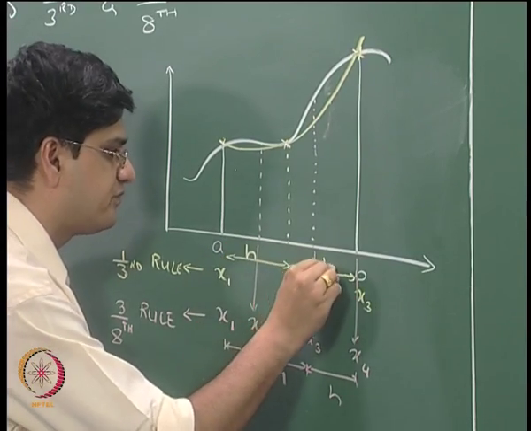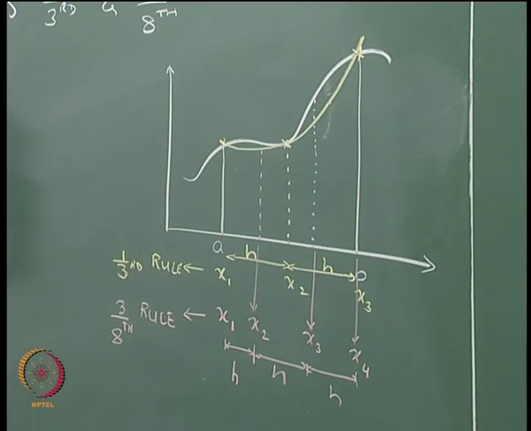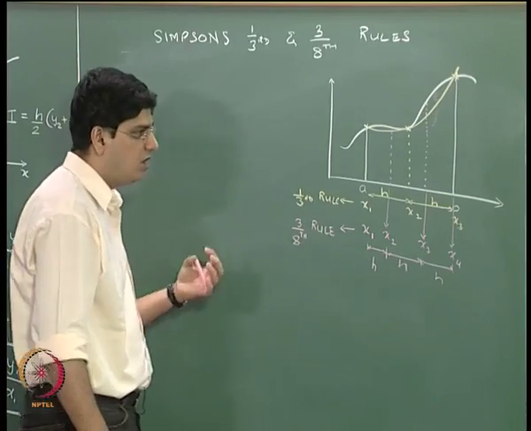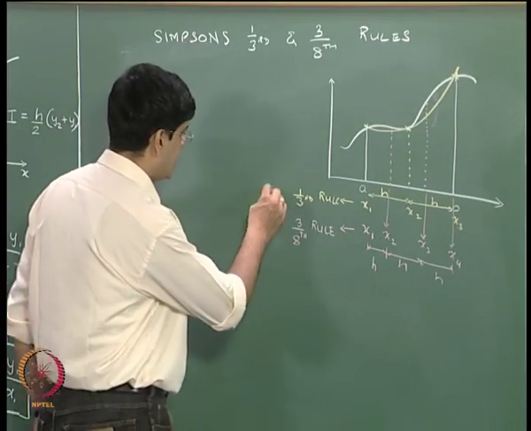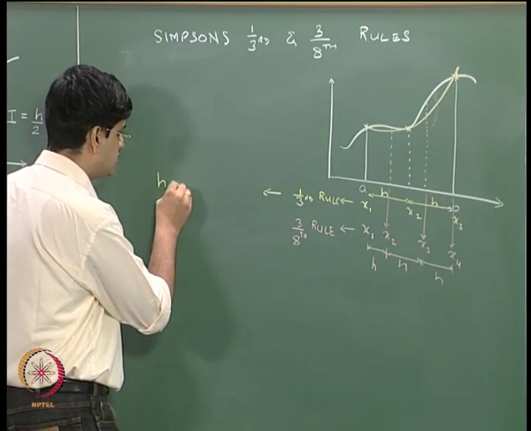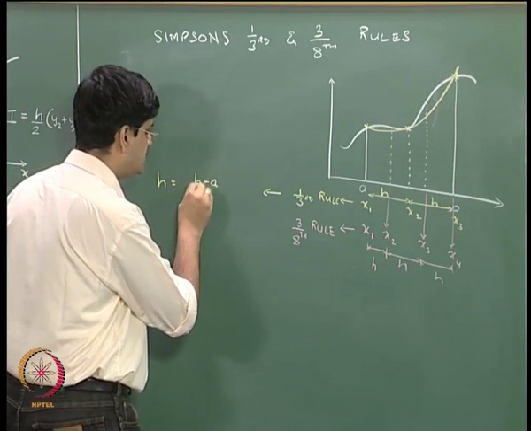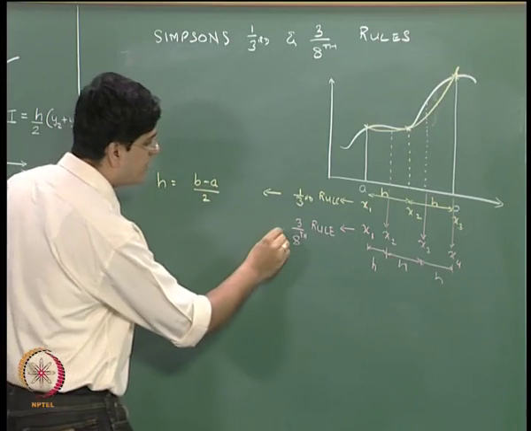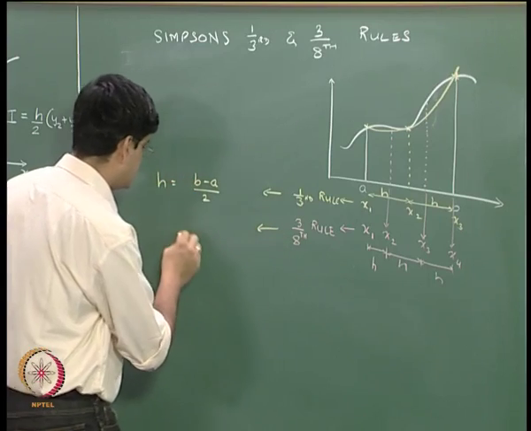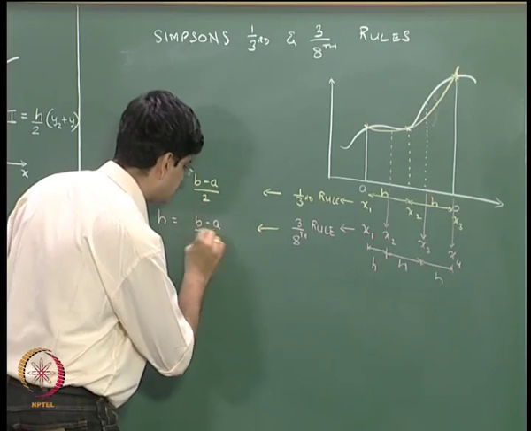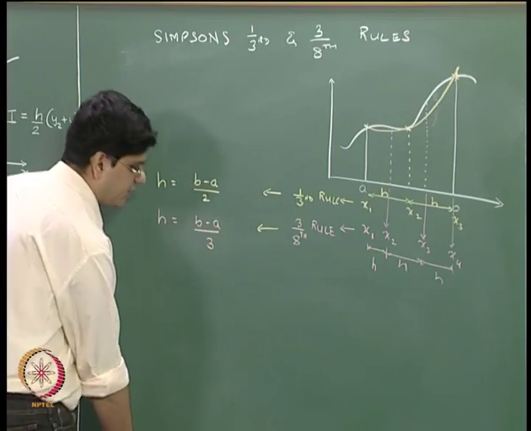I am using the same notations just for notational simplicity. Please do not get confused between them. I repeat: for Newton's 1/3 rule, h is going to be equal to (b minus a) divided by 2, and for Newton's 3/8 rule, (b minus a) divided by 3.